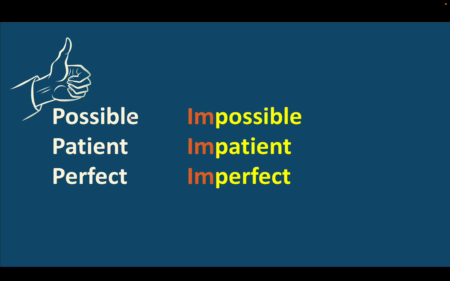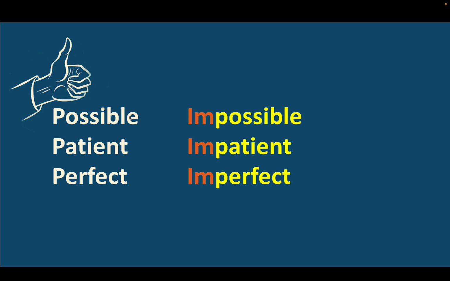Perfect. Imperfect. The total opposite of perfect. Most of these prefixes turn the word around and have the almost exact opposite meaning as the original word. Not always. You'll find a few examples where that is not the case. That's usually the way it is with everything.